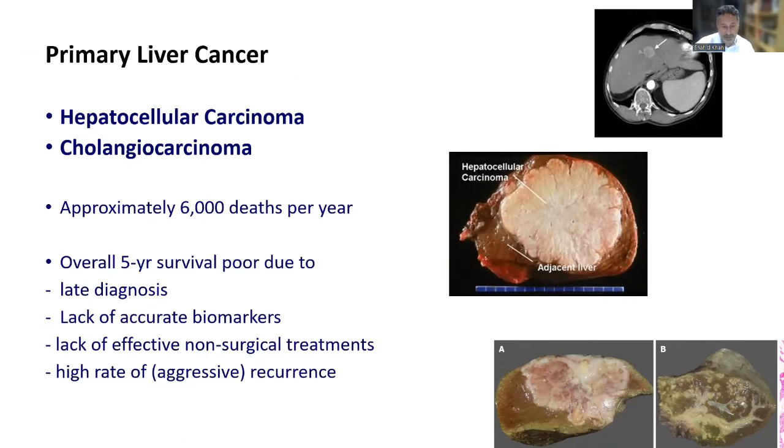If somehow they're found early and resected, survival is good, but that's a minority of cases. And if surgery is not an option, there's a lack of effective treatments. And even if you resect, there's a high rate of recurrence because these are aggressive tumors.